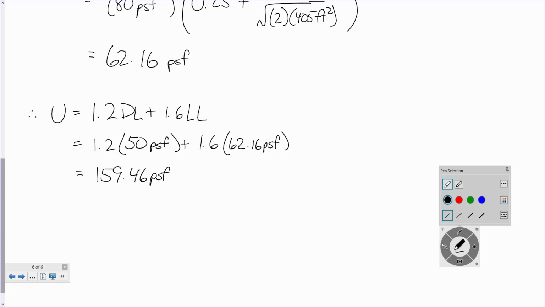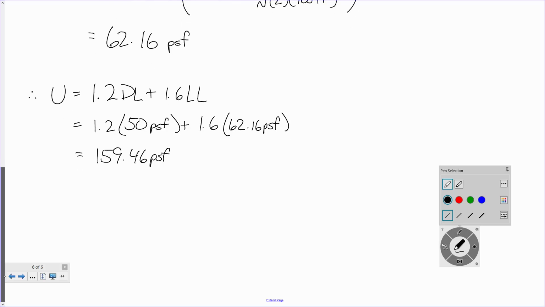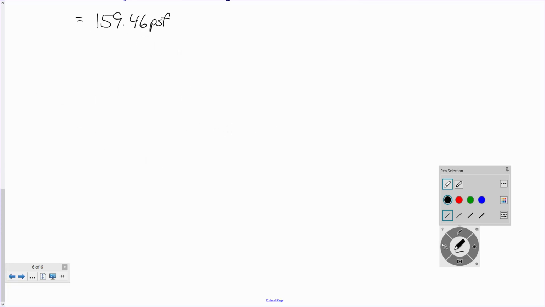159.46. Okay. If you recall, you basically are supposed to cycle through each of these load combos and take the largest one. Now, what's going to be larger, that or 1.4 times 50? That. So there's no reason to check the others. All right. Now, keep in mind what we're looking at right now.